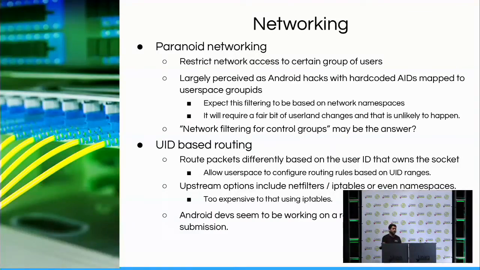The UID is your application running on the Android operating system, so it has its own routing rules, and it can choose one route over another based on the UID. Now, the upstream options include implementing this using iptables or netfilter, but Android developers find it too expensive to do that at that level.